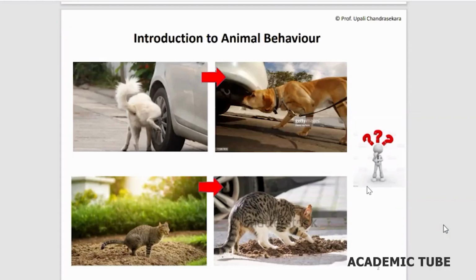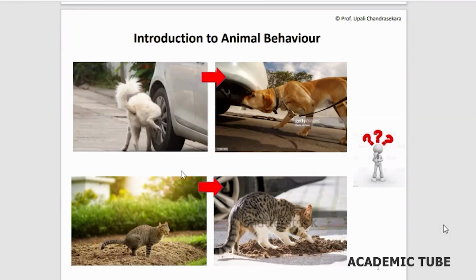I know that they also look at us. Those days we had a lot of hair, full head of hair, right? So that is our behavior. I'll show you some interesting photographs in the future about our behavior, right? So we are going to learn about the behavior of animals in this lecture session, in this entire course unit.